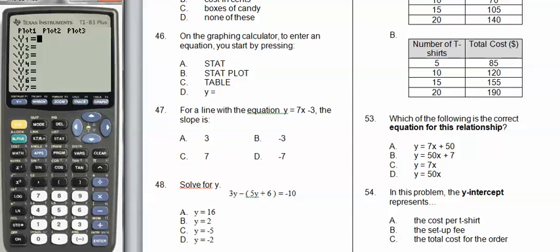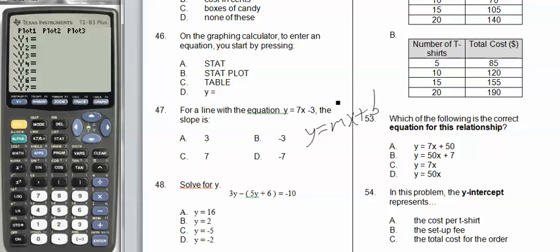Alright, so on 47, for a line with the equation y equals 7x minus 3, the slope is, okay, we've done this quite a few times. So y equals mx plus b. M is the slope, b is the y-intercept, so the slope would be 7.